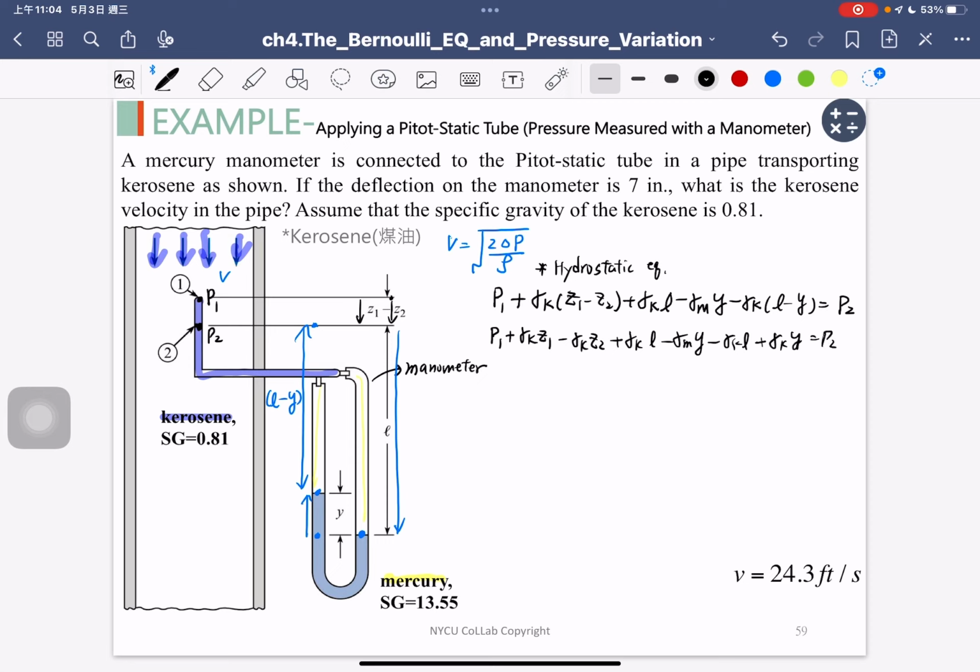And we know that the delta P here is the piezometric pressure difference. So I merge some items.